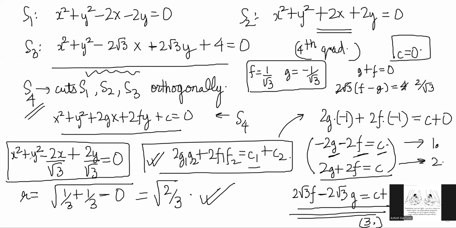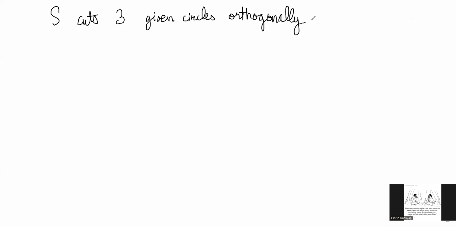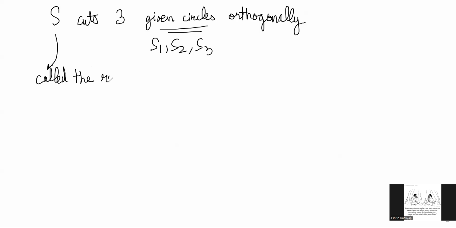However, there is an alternative approach. You should know that when a circle S cuts three given circles orthogonally, and these three given circles are S1, S2, and S3, then the circle S basically is called the radical circle of the three circles.